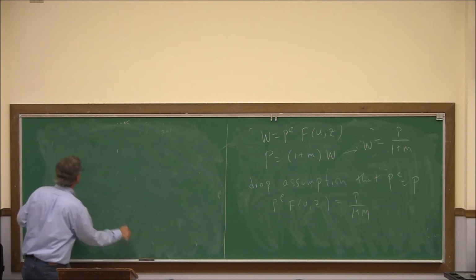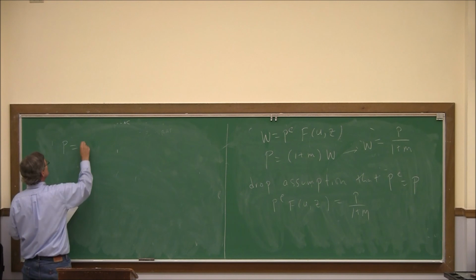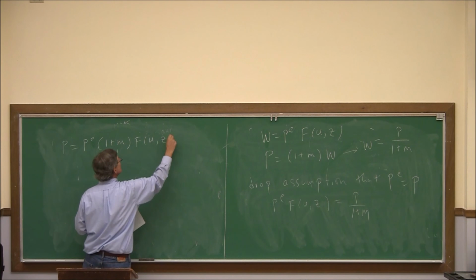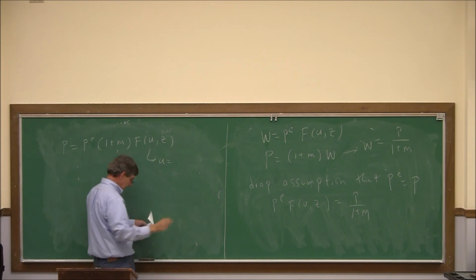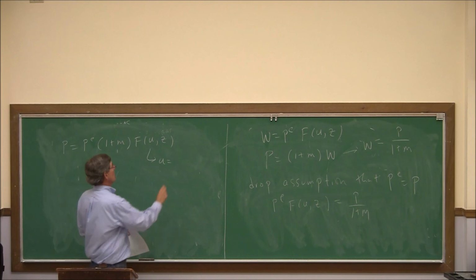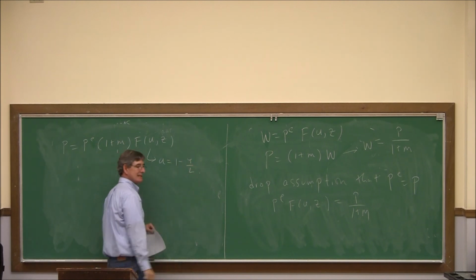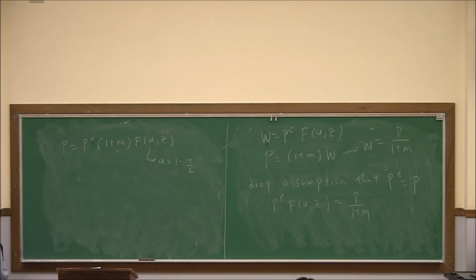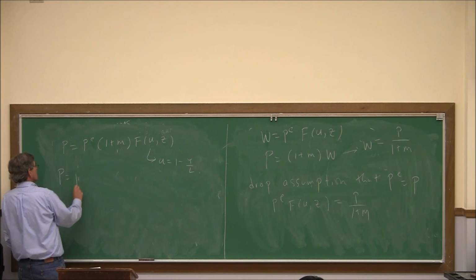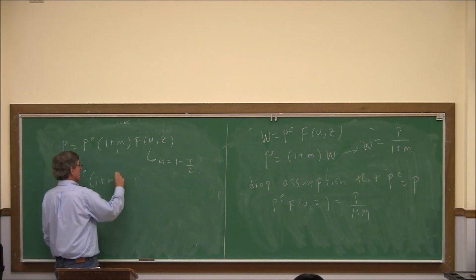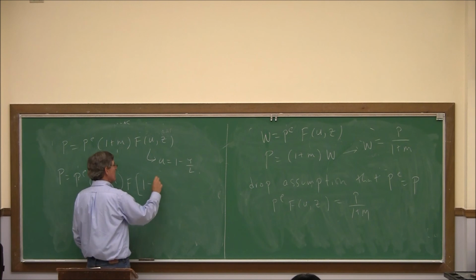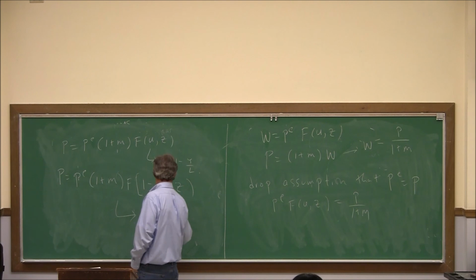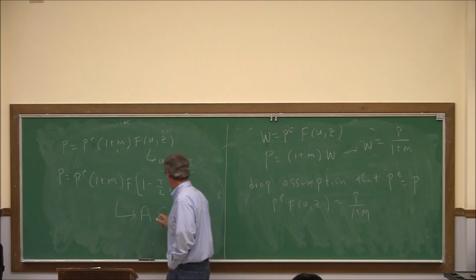I'll derive it graphically in a second. So now we know that P equals PE times 1 plus m times f of u and z. We know that u equals 1 minus y over L. So P equals PE times 1 plus m times f of 1 minus y over L and z. This is the equation of the aggregate supply curve, the short run aggregate supply curve.